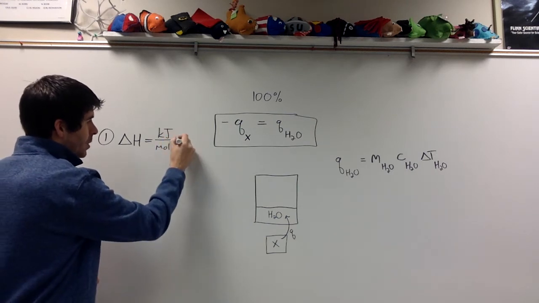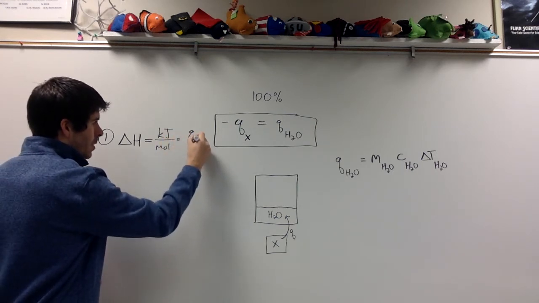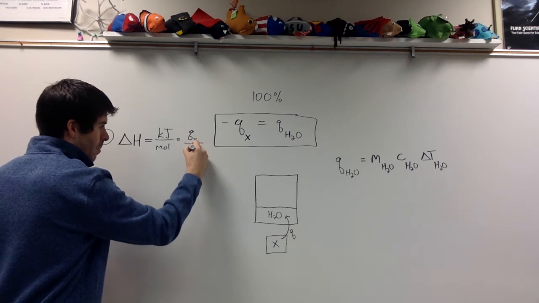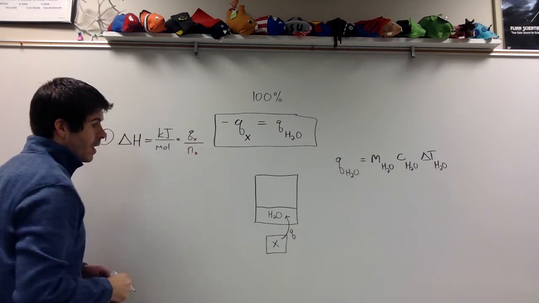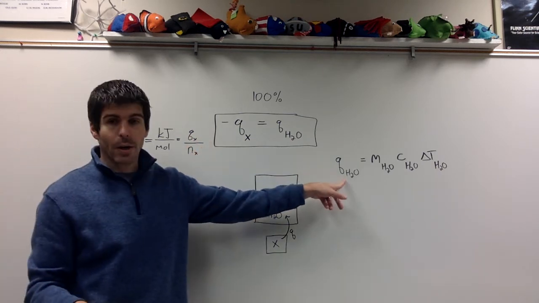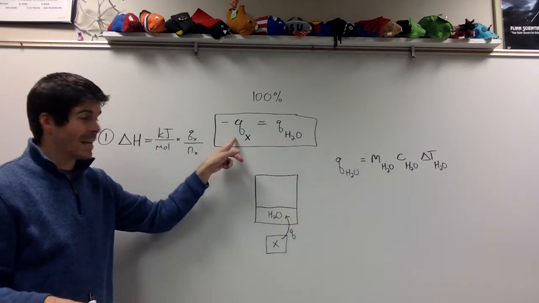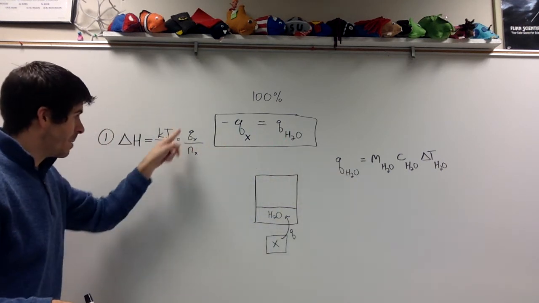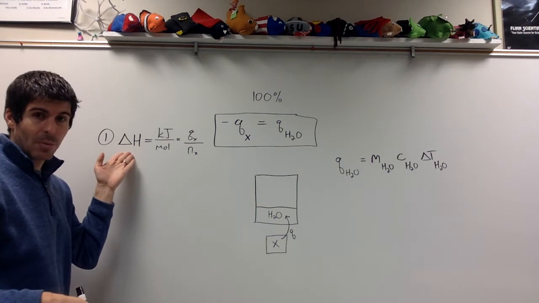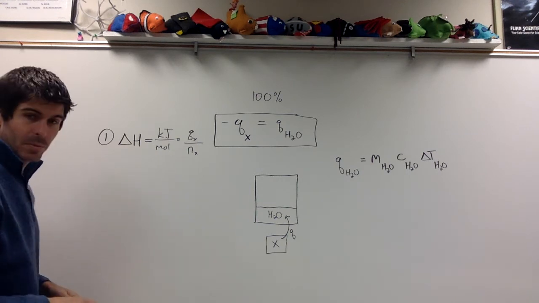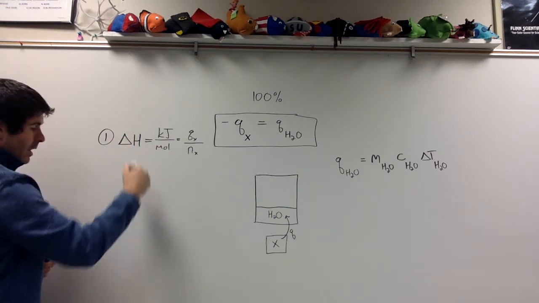This is a heat term, so it's Q over the moles. If we know the heat of the water, we can backtrace that to substance X and then calculate this enthalpy term, which is a property of our unknown. So this is one lab that we're going to do.